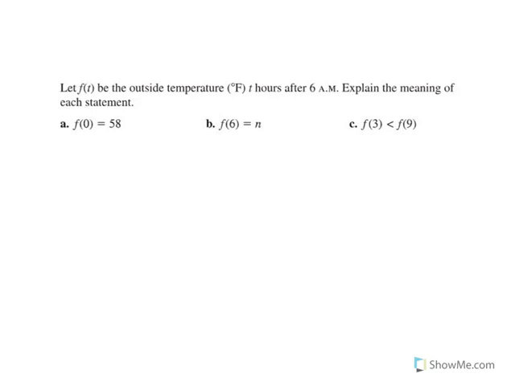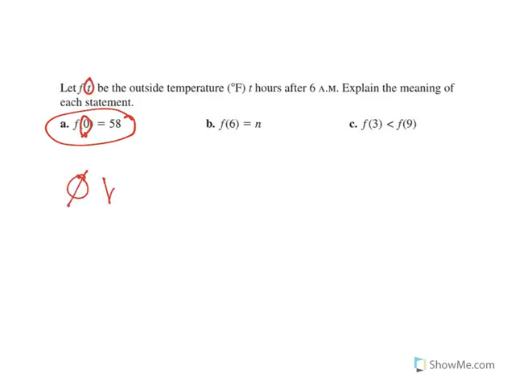Okay, and then we have, it's kind of the same idea, different approach, okay? So this says, let f of t be the outside temperature in Fahrenheit, t hours after 6 a.m. So if t is 6, then it's 6 hours after 6 a.m., okay? So in this statement, this t is replaced by a 0.